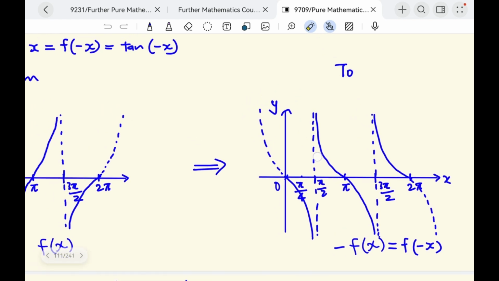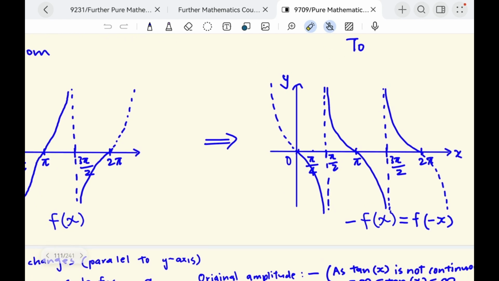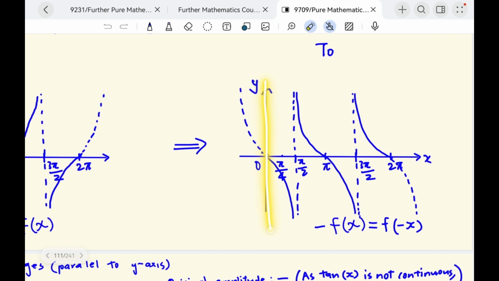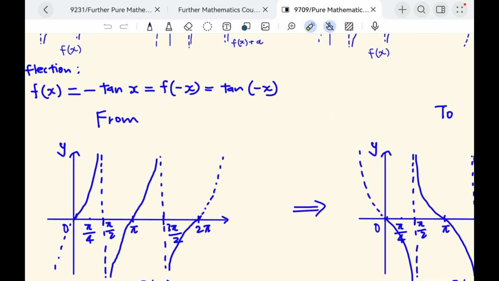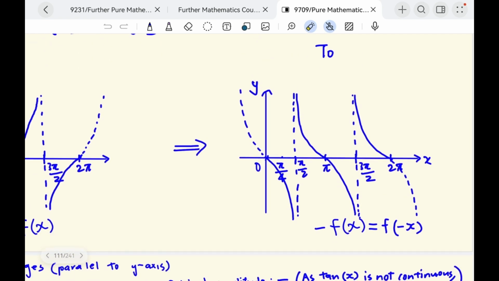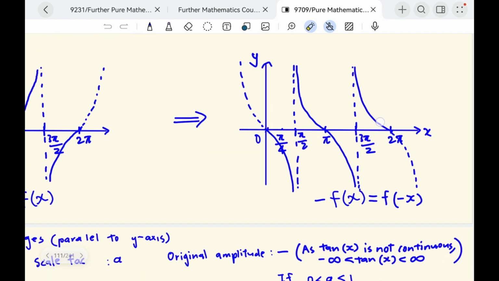As you know, the tangent graph is non-continuous, following its definition from sine and cosine. Okay? So for the reflection on the y-axis, we are explaining about this line, which is the y-axis, the reflection on the vertical dimension.